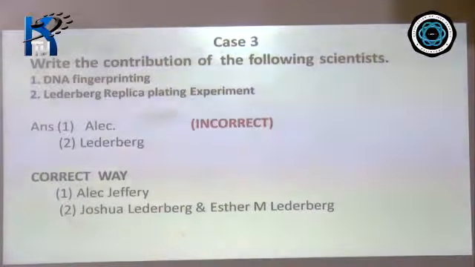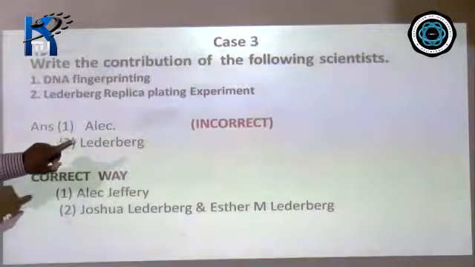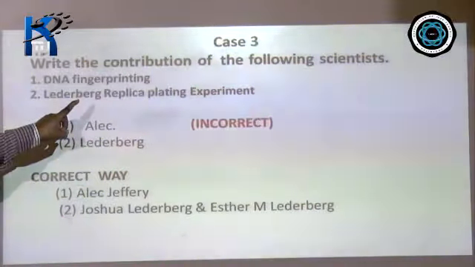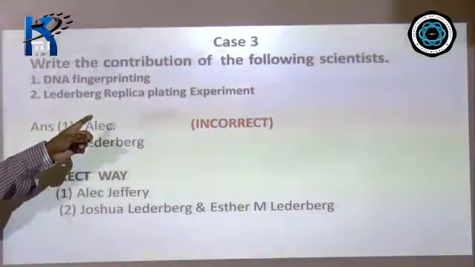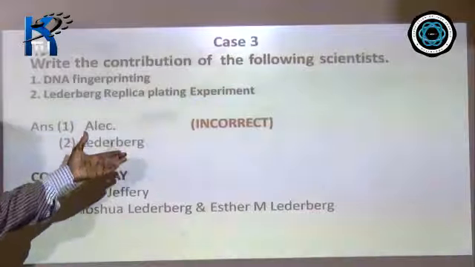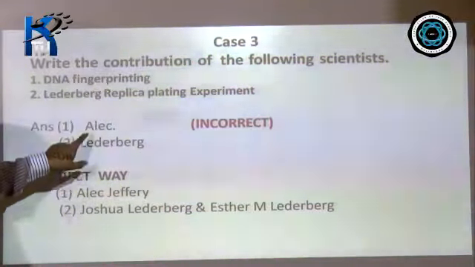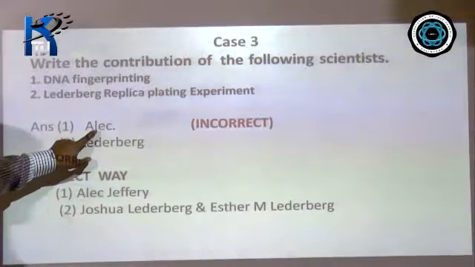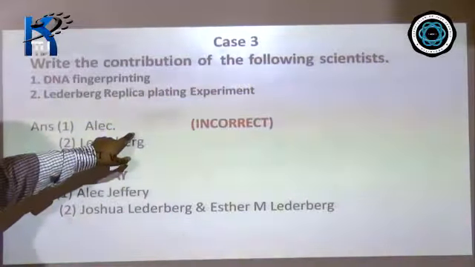Now number 3: write the contribution of the following scientists. Number 1, DNA fingerprinting. Number 2, Lederberg replica plating experiment. Very often the mistake is that you do not write the full name of the scientist. In the first case, DNA fingerprinting, it is Alec, and many students may write only Alec, but you are not writing the surname.